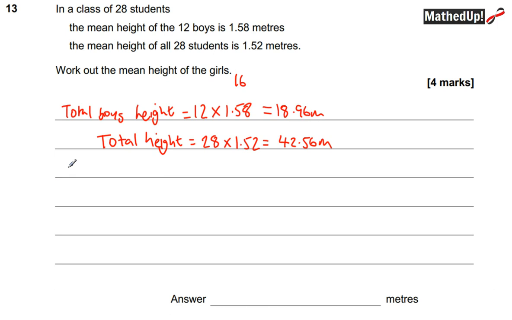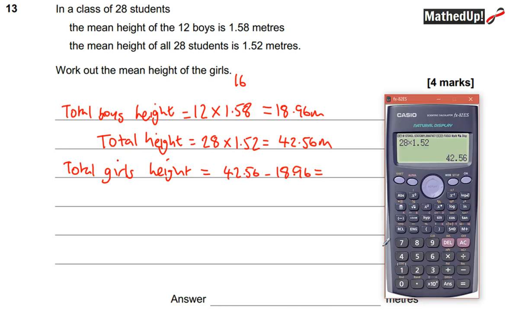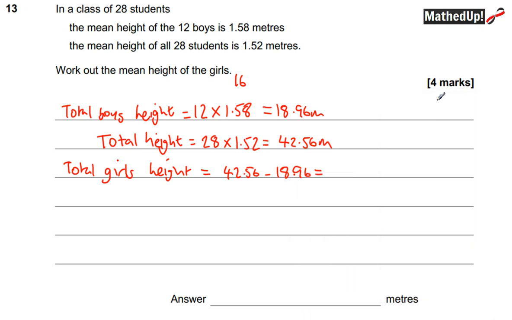So the total girls' height, well, that's going to be the total of everybody's height, which is 42.56, take away the total of the boys' height, which is 18.96, and that gives us 23.6. Okay, so the total of the girls' height is going to be 23.6 meters.